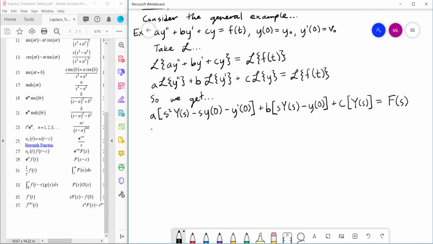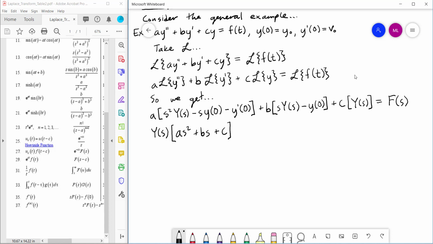So what we're going to get is my capital Y of s times a s squared, for this second one plus b s, and for the last one plus c.